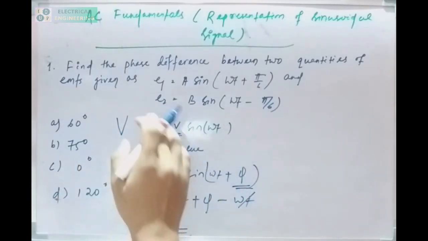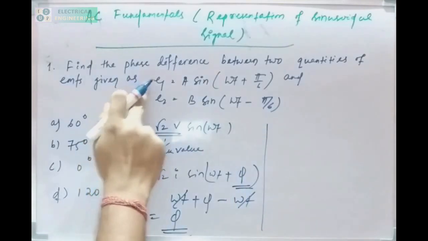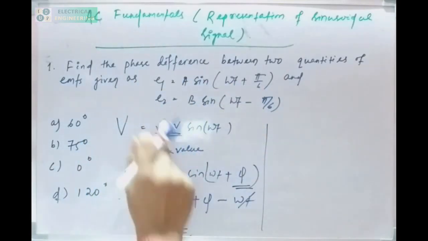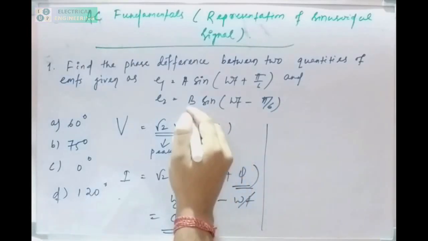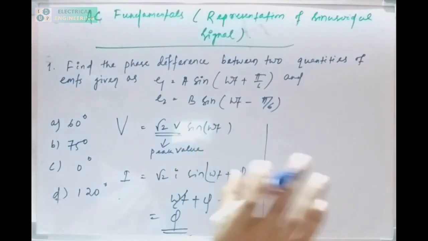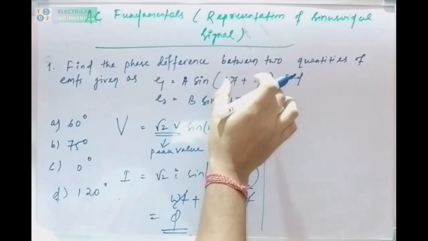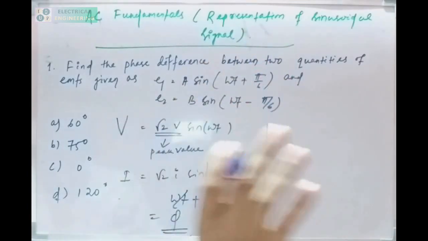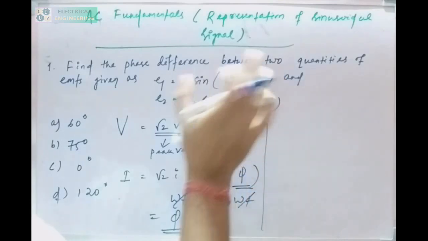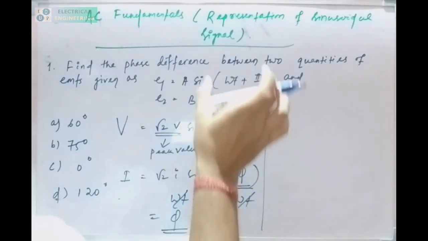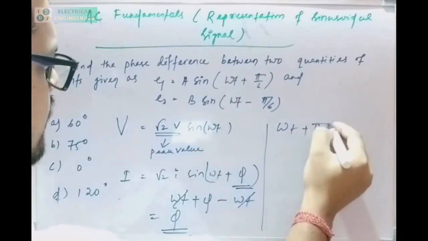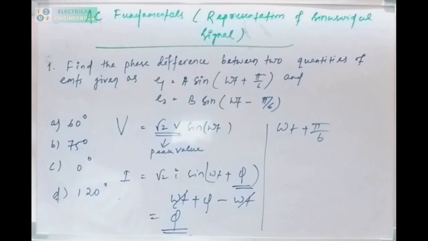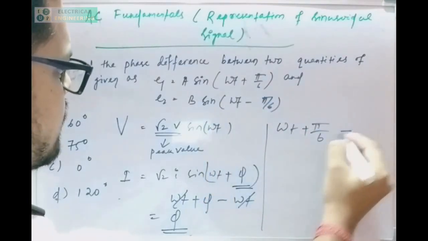Here two quantities are given as E1 equals A sin(omega t plus pi by 6), E2 equals B sin(omega t minus pi by 6). So what will be the phase difference here? We can just subtract the lower phase from the higher phase. The higher value of the phase is omega t plus pi by 6, and the lower value is omega t minus pi by 6.